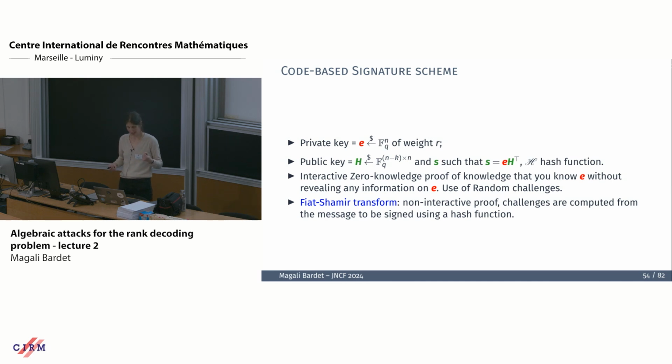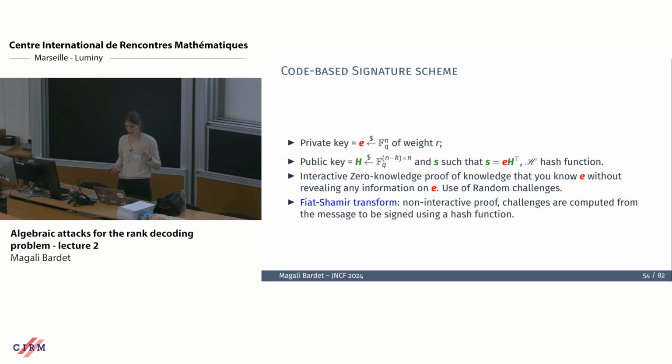And there is this Fiat-Shamir transform where you can start from an interactive proof and change it so that the randomness used in the interactive proof is replaced by some output of a hash function that depends on the message.